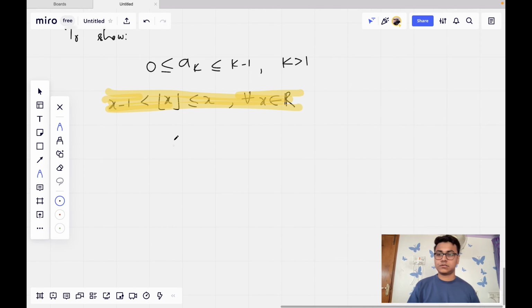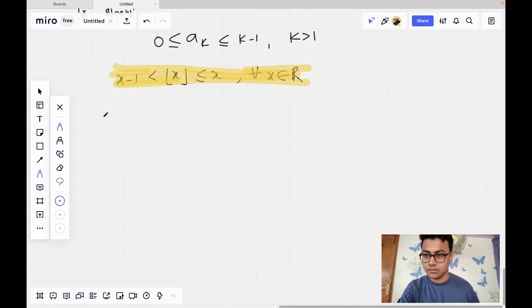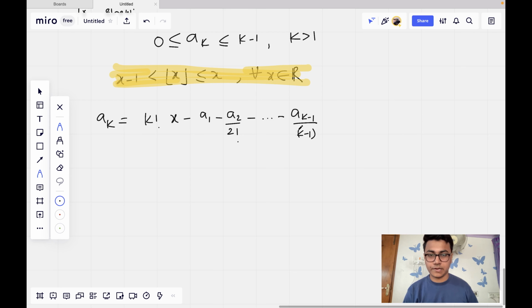Okay, so we have ak equal to k factorial times x minus a1 minus a2 by 2 factorial minus all the way till a k minus 1 by k minus 1 factorial, in a box.